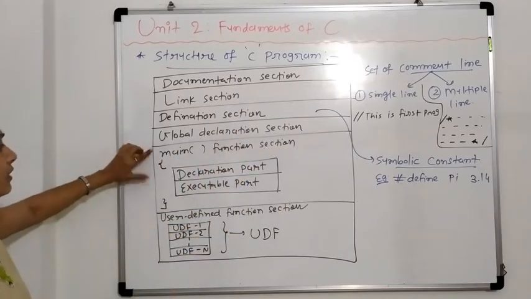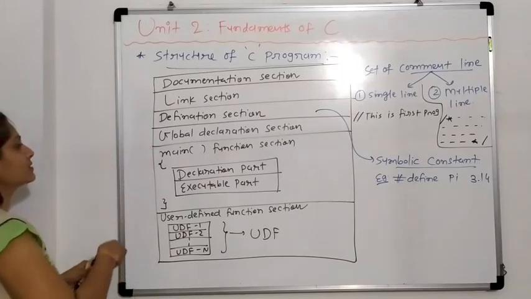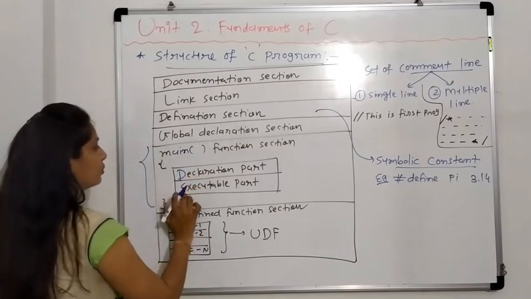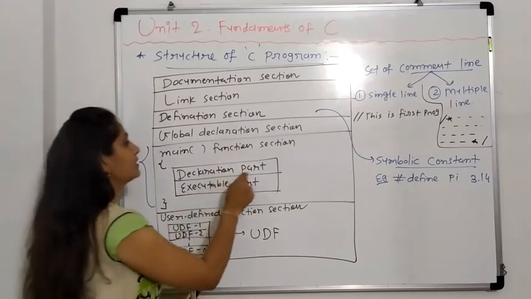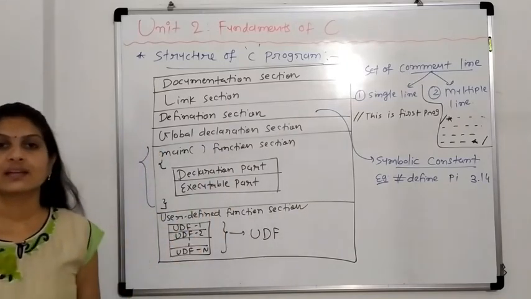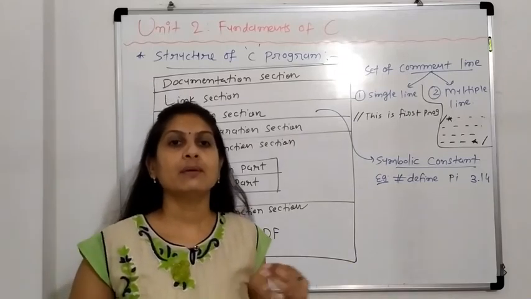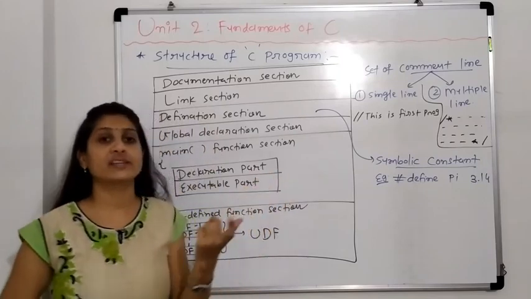Clear? Now this is the most important, that is main function section. It consists of two parts, declaration and executable part. All the variables which we input or which we display, that is A, B, C, area, X, we discussed in algorithm variables.